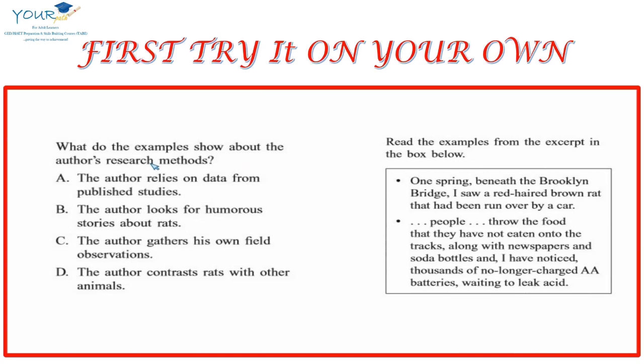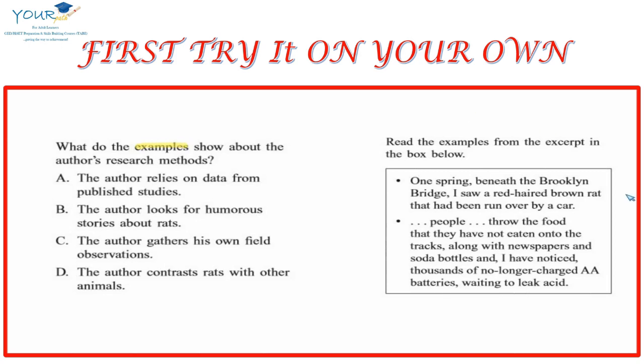So let's do that. What do the examples show about the author's research methods? So we know that we are going to be looking for some examples that are going to tell us about the author's research methods.